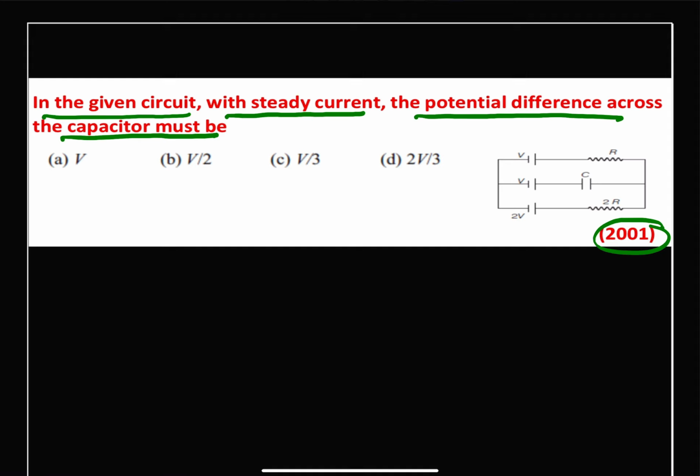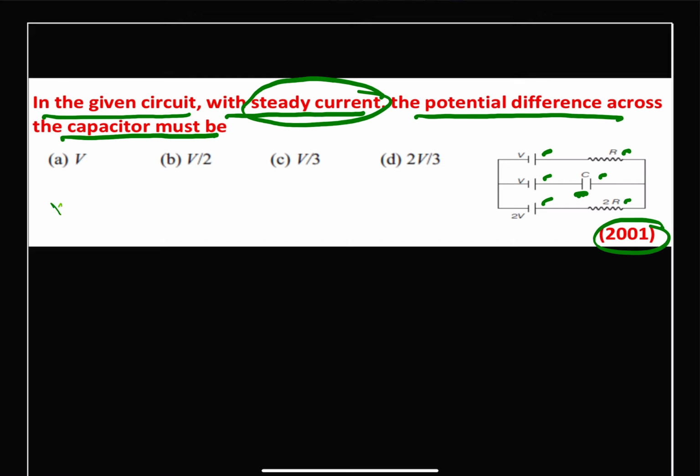We are given R, C and 2R, all these in parallel with the respective voltages of V, V as well as 2V. And here we have to find out the steady potential difference across the capacitor under steady state condition.